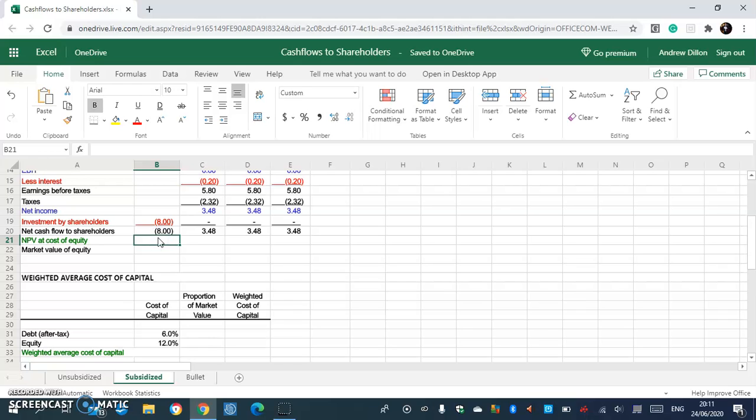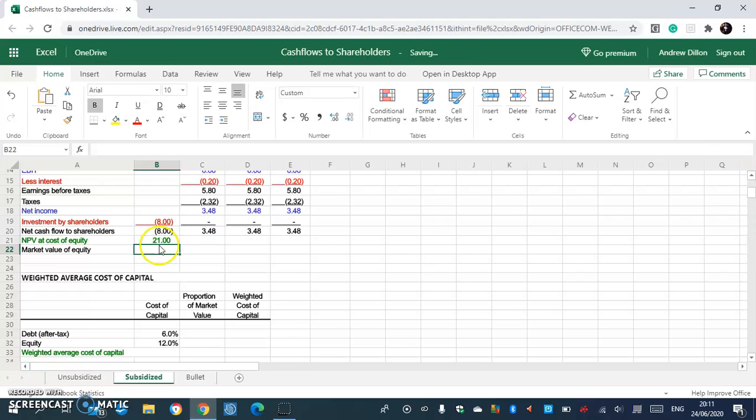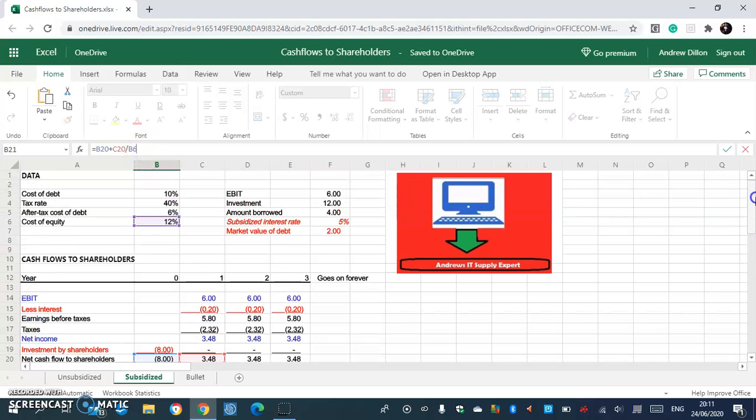Next, I need to find the net present value of cost of equity. The answer is 21. Okay. Good. Divided by 6, yeah. Cost of equity is 12%.